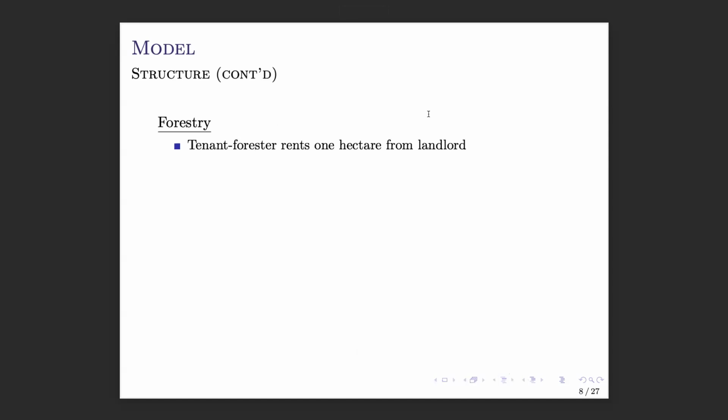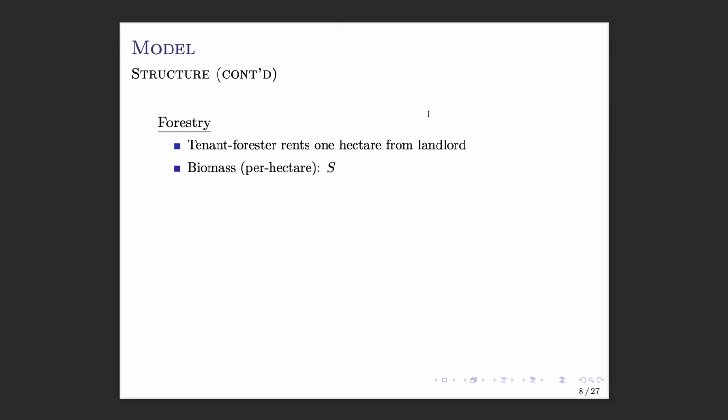Yeah, so the final component of this, which I alluded to earlier when I was talking about property rights, is the tenant forester. So you can imagine a tenant who's renting 1 hectare of forested land from the landlord who owns it.